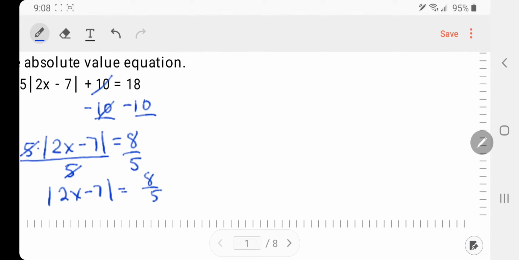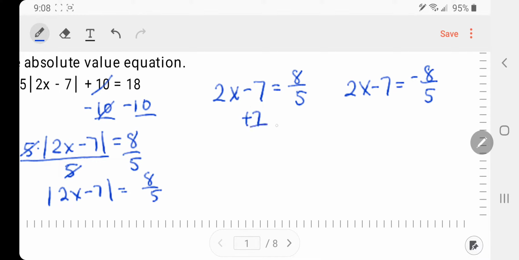So that means we're going to have 2x minus 7 equals positive 8/5, and we're going to have 2x minus 7 equal to negative 8/5. And then we'll have to solve each one of these for x. All right, so for the first equation, we're going to add 7 to both sides.